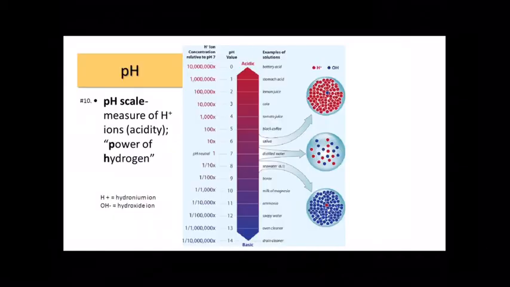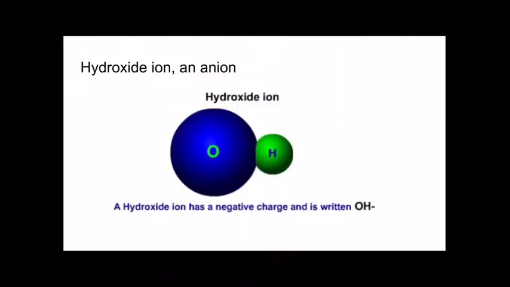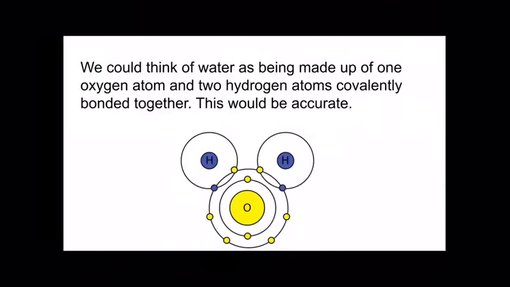Now let's go back to thinking about water for a minute. If we think of water in ionic terms, what that means is we have one hydrogen ion and one hydroxide ion.